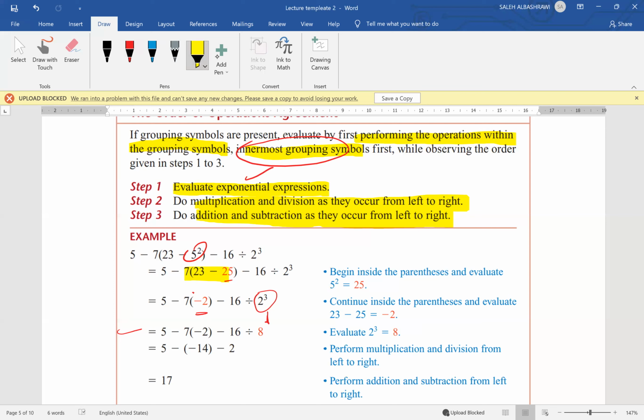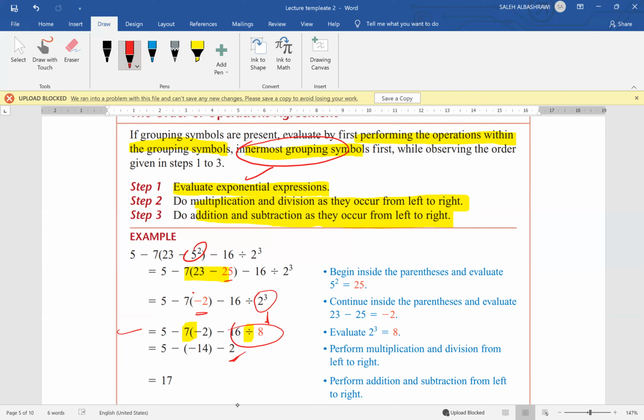Now in this step, I have multiplication, 7 multiplied, and division. So we'll start with the multiplication first, then division. So 7 times minus 2 equal to minus 14. Leave the negative or the minus till the end. It became 5 minus 14 and minus 16 divided by 8, which is equal to 2.